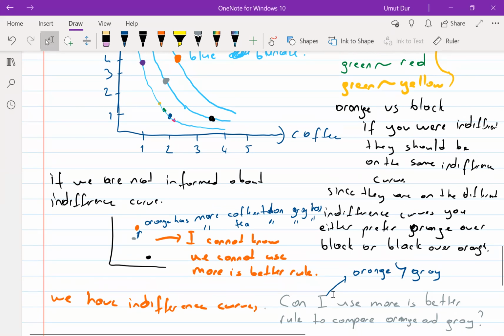Then can I compare gray and black? Can I say anything about them? By the way, you write gray with an E. Can I compare gray and black? Now I'm considering the indifference curves.